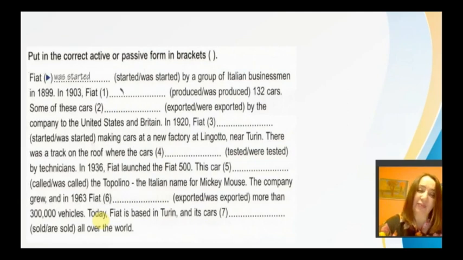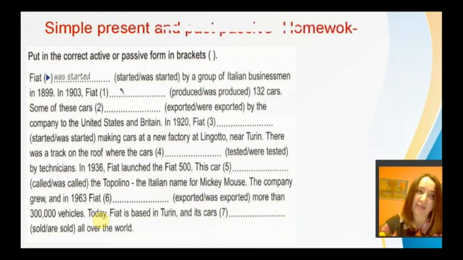And now, exercise with 7 sentences about Fiat. Why are all these sentences in front of you? Because this is simple present and past passive homework for you. My students know that I adore homeworks.